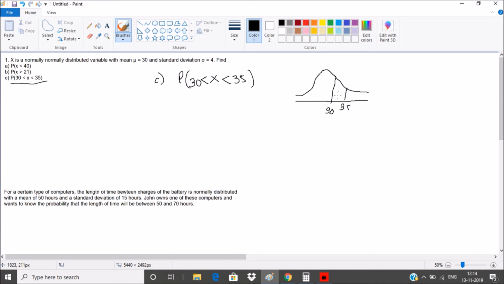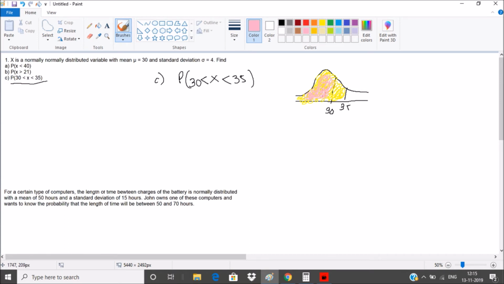We'll have to find the probability of 35 first. Let me highlight that with yellow, which is this whole area towards the left, and then subtract the probability associated with 30. If I then mark that in pink, it will only be this area.